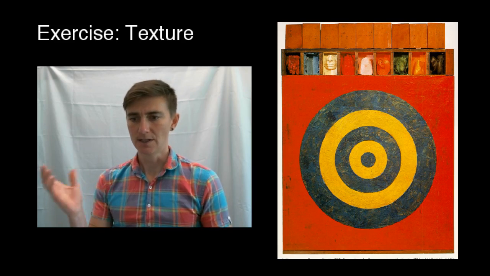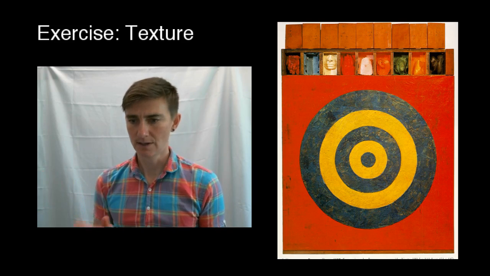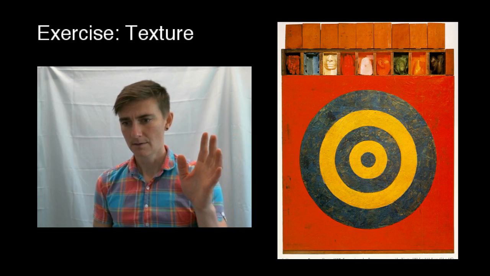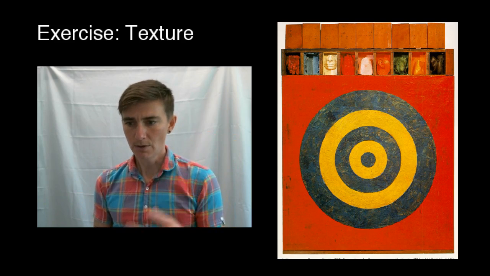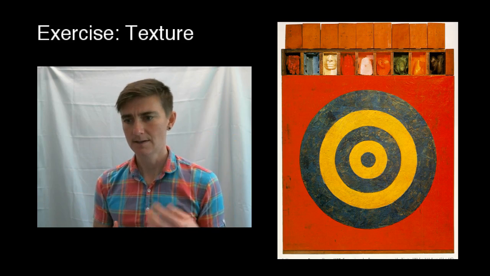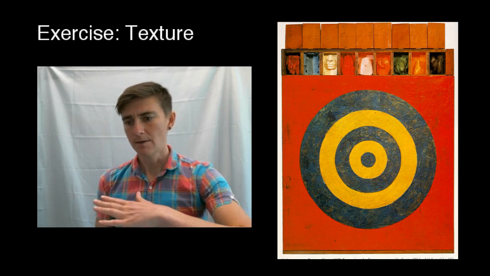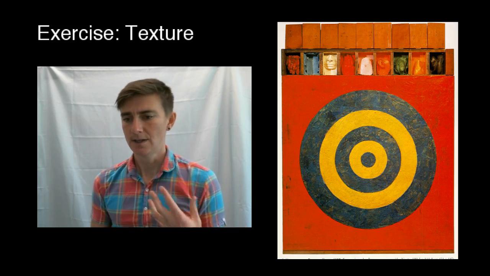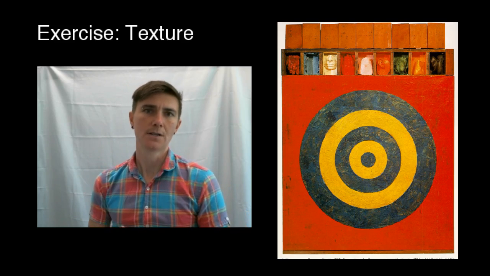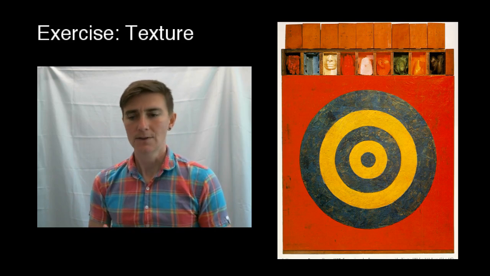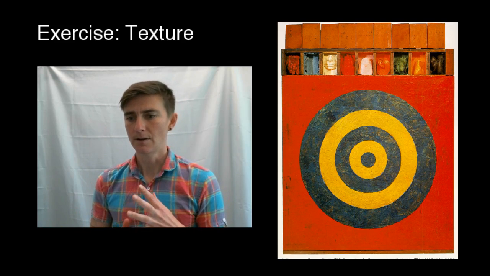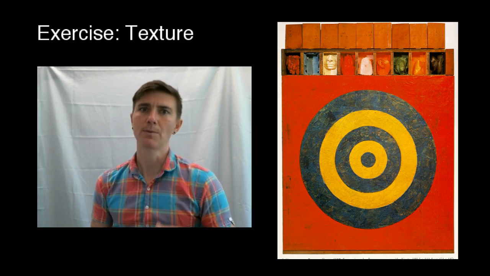And so you actually see two examples of this in this particular piece, where the area in the top, those are actually molds of, I think, his different body parts, mostly his face. And then also on the bottom, within the target, you see the texture that he's created using just the different layers of paint. And so both of these are different examples of an artist bringing in texture.